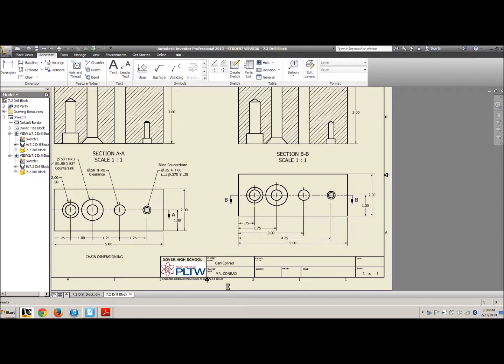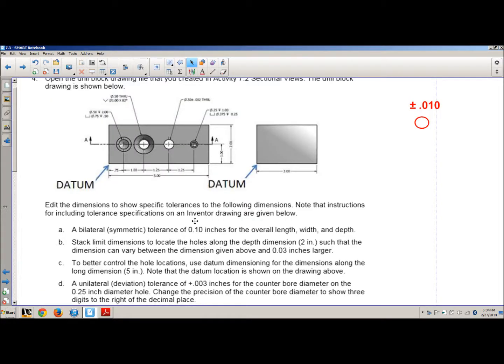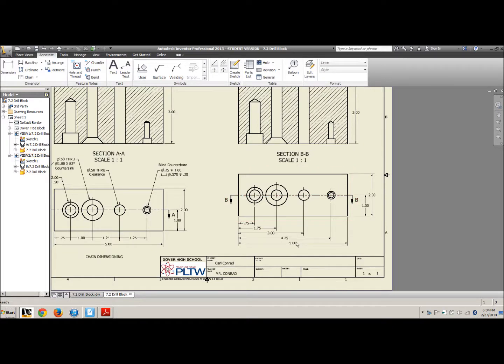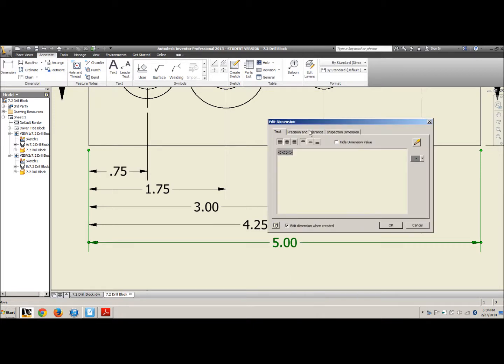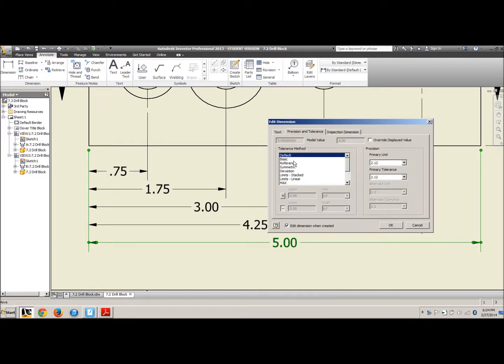Now, overall length, width, and height, we want to do, let's read the directions again, a bilateral symmetric tolerance of 1/10 of an inch for overall length, width, and height. So what we're going to need to do on each one of those, I go in and edit the text, go to precision and tolerance, and we're going to add a symmetric tolerance that is 1/10 of an inch.